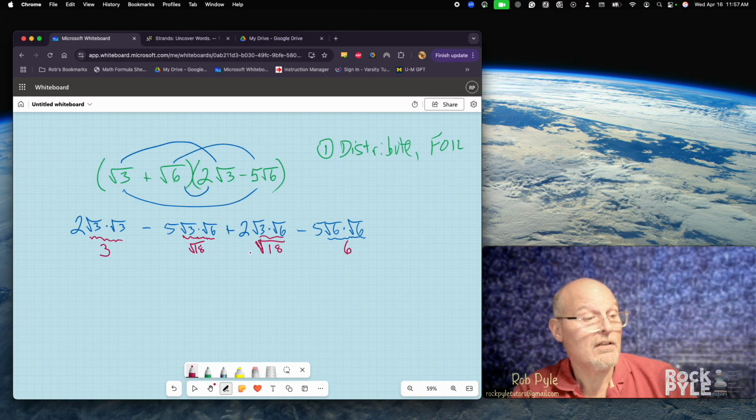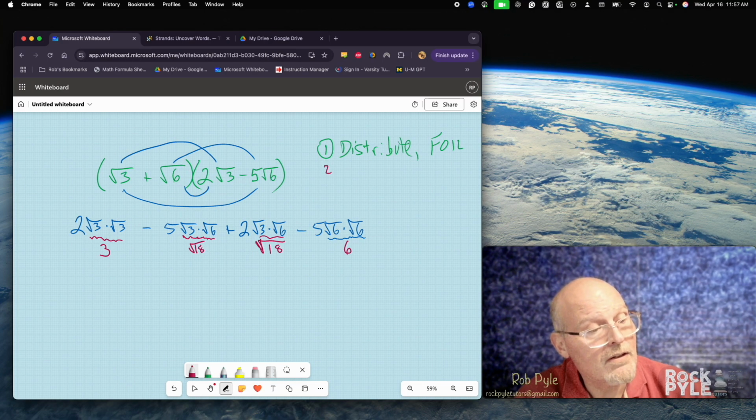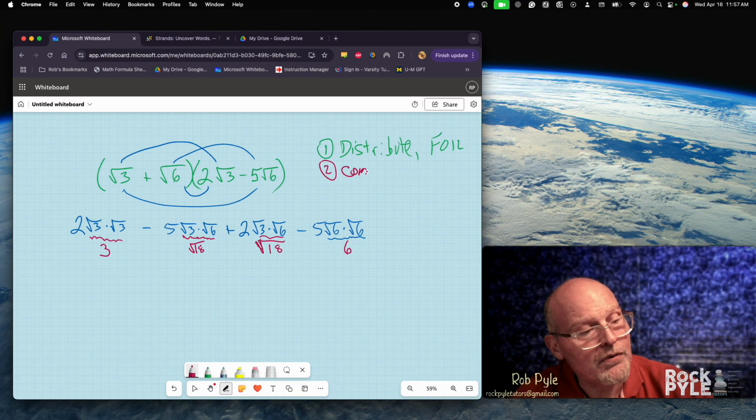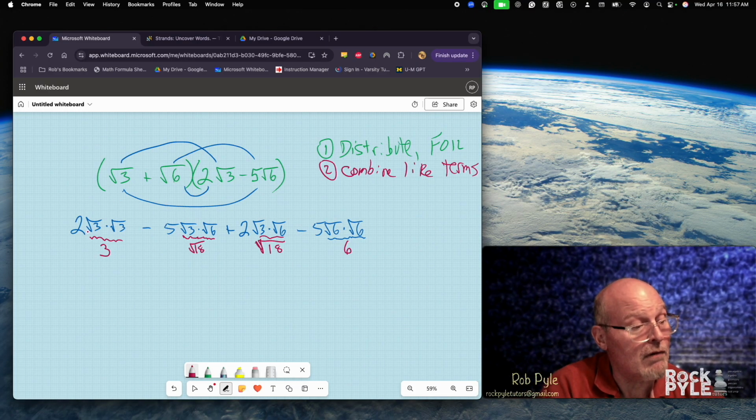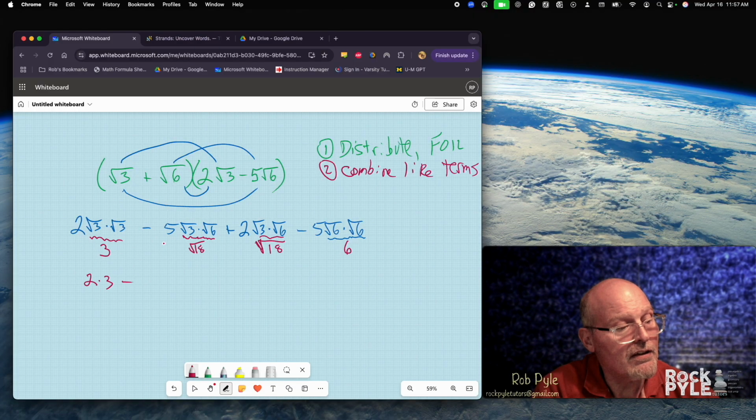So now that we've distributed, we combine like terms. I'm going to write 2 times 3, minus, so minus 5 plus 2 is going to be minus 3 times the square root of 18, minus 5 times 6.